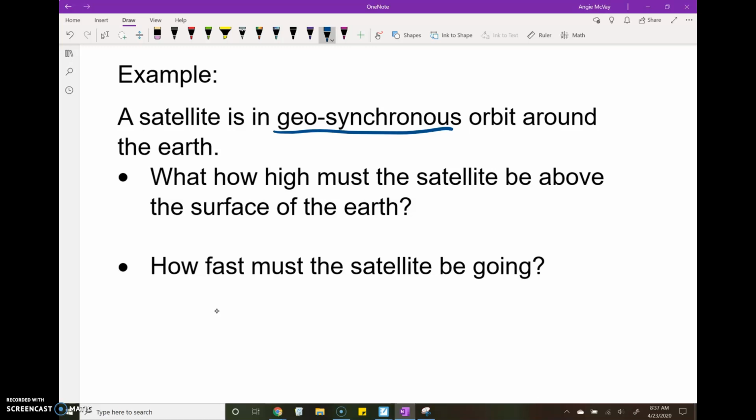Okay, and what that means is it has the same period as the Earth, right? It's going around the Earth at the same rate that the Earth is rotating, so its period is 24 hours. Okay, so what I would like you to do is try this problem, see what you guys can do, and then in a moment I'll come back and you can check your answers, so please pause.